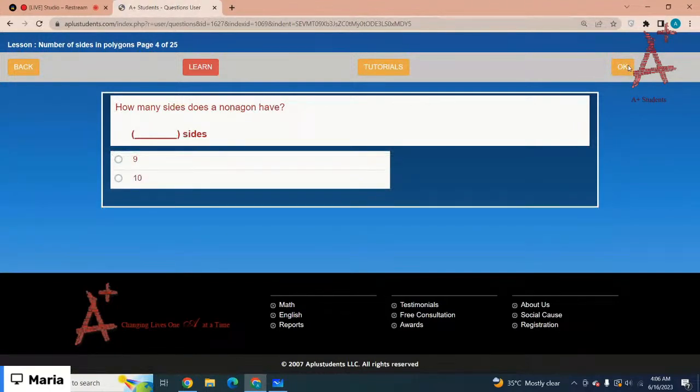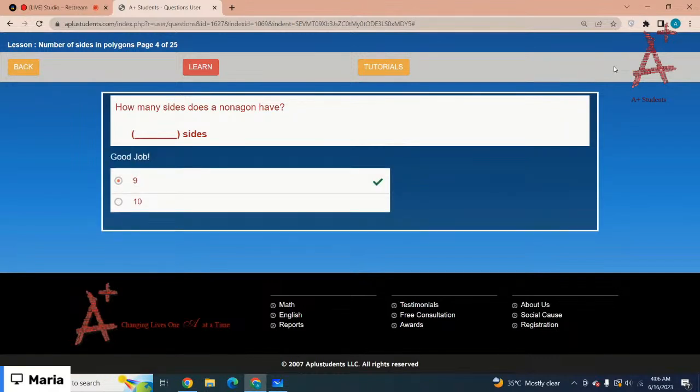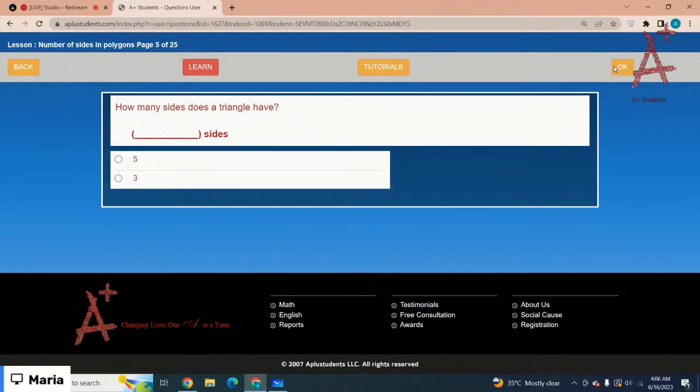How many sides does a nonagon have? The nonagon has 9 sides. Got it? How many sides does a triangle have? Tri means 3.